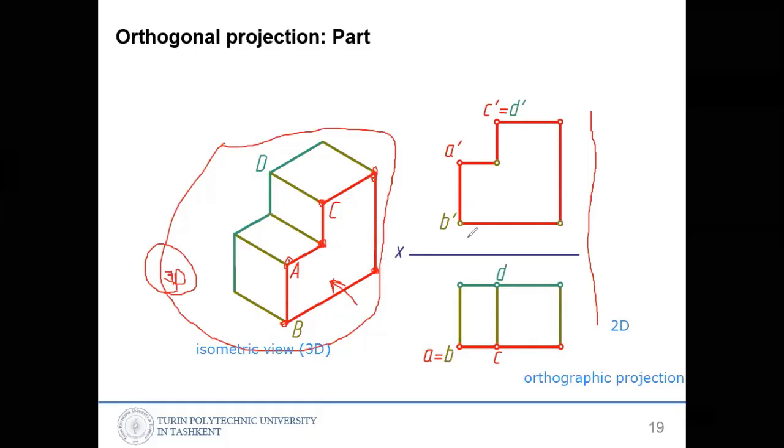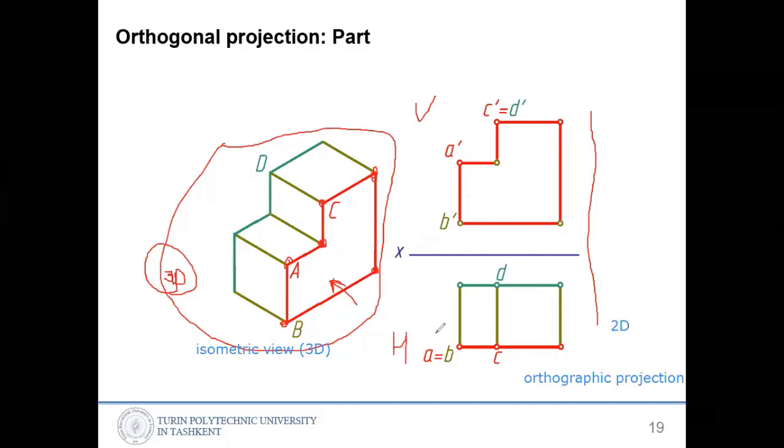Okay, so then in descriptive geometry, these given points can be given as projections, right? The projections should be small characters. Everything in the V plane should be with one dash. Everything in the plane H should be without any dash.